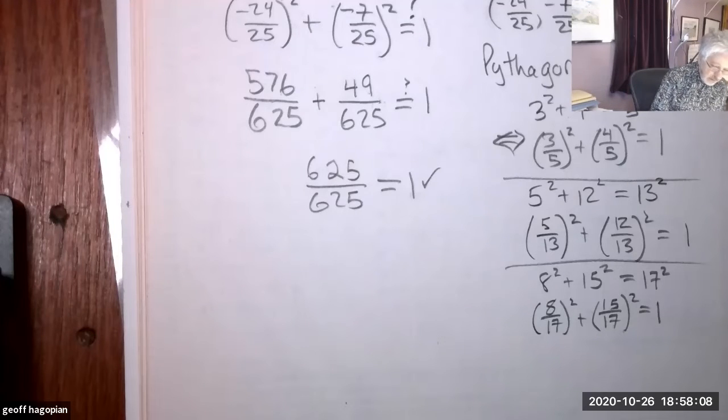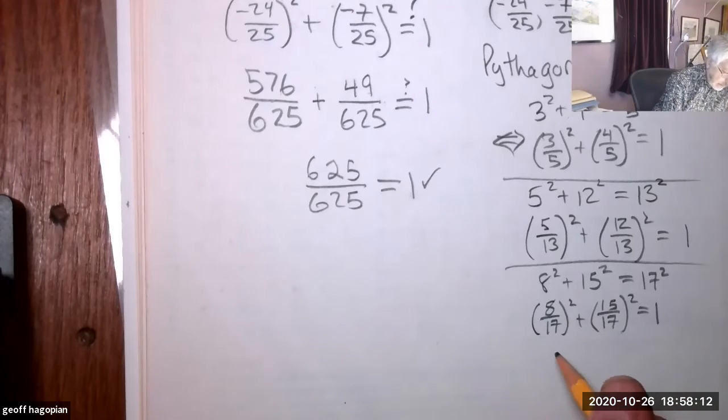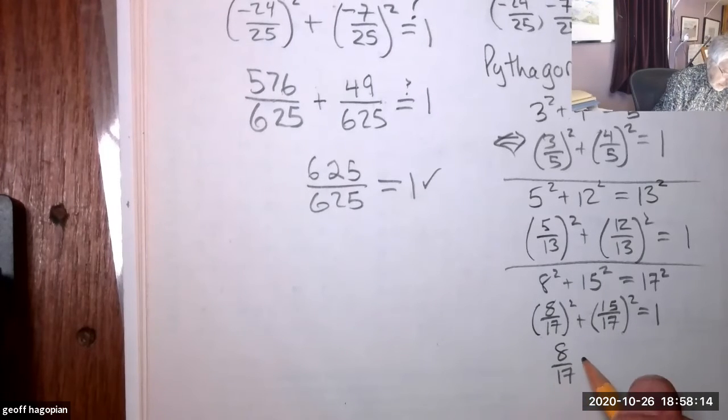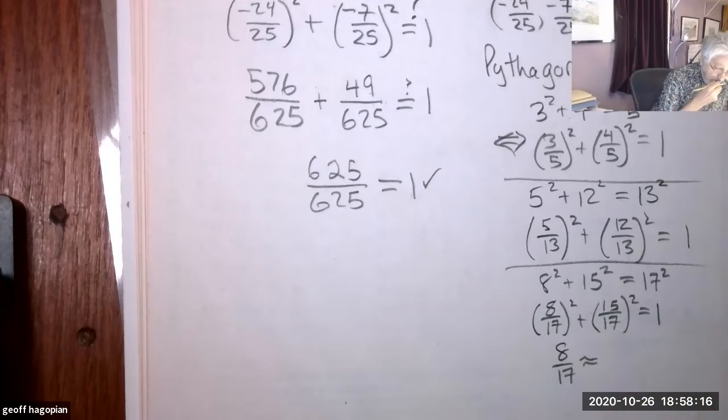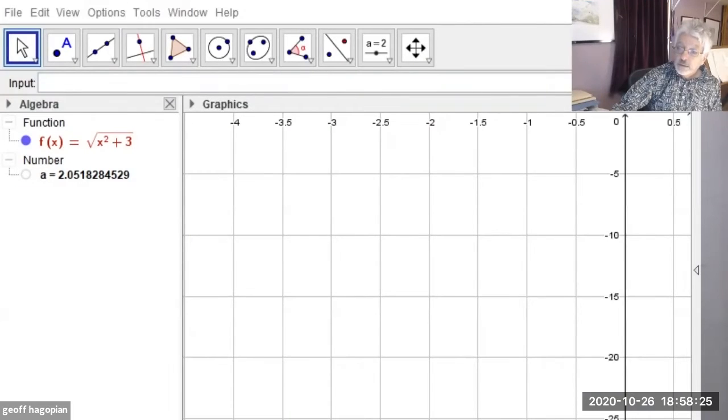So I don't know, what is 8/17 as a decimal, approximately? I'm going to use a calculator. Excuse me while I use a calculator. So where's my calculator? 8 divided by 17. Well, that's approximately, it's a little less than half, like 0.47.